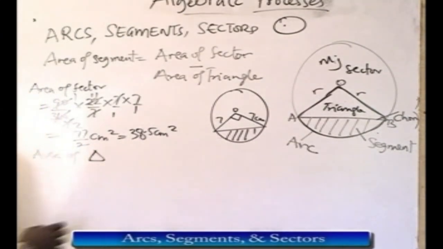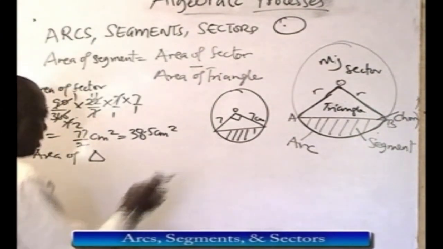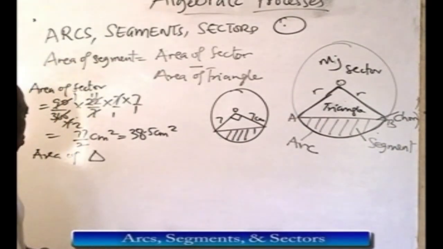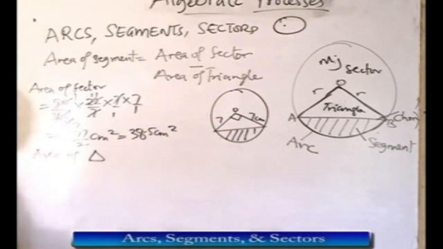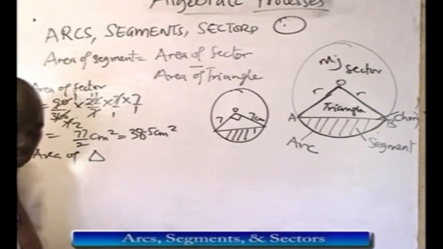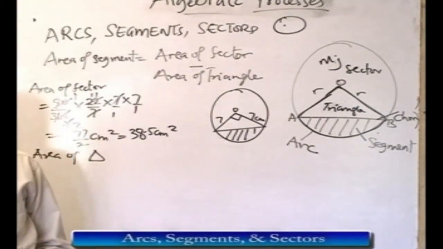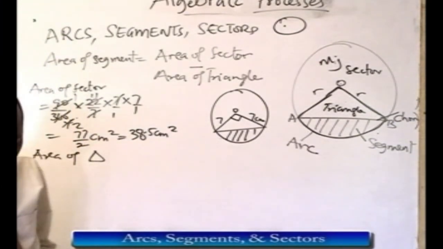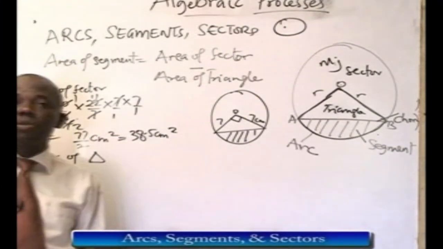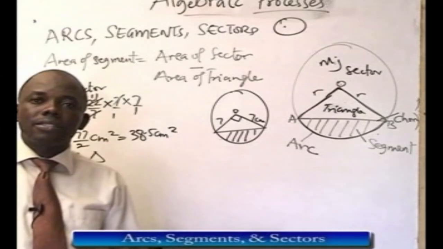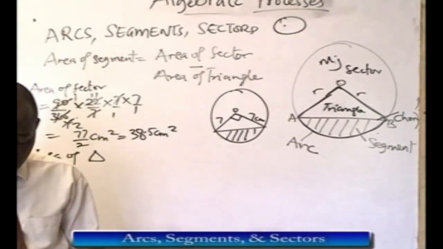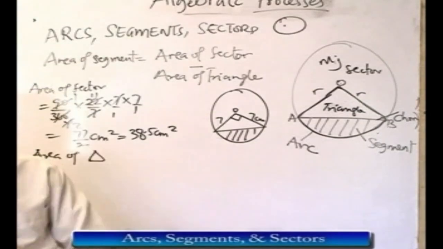Area of triangle. Like I already said, this is a right-angled triangle, and if it's a right-angled triangle, you can use a simple formula for calculating its area, which is half base times height. But this triangle, they didn't show which one is the base or which one is the height.